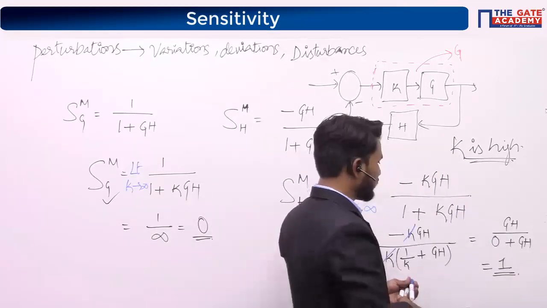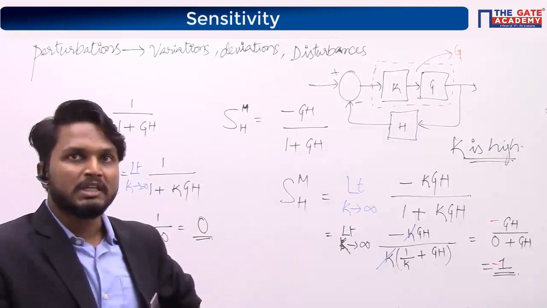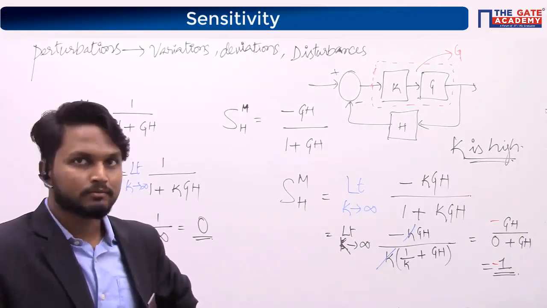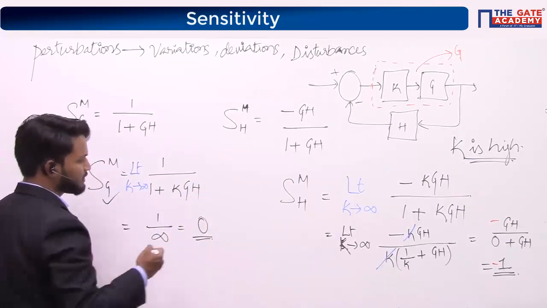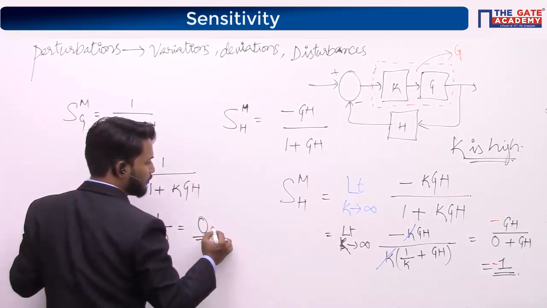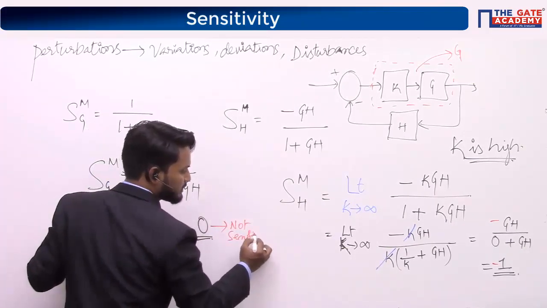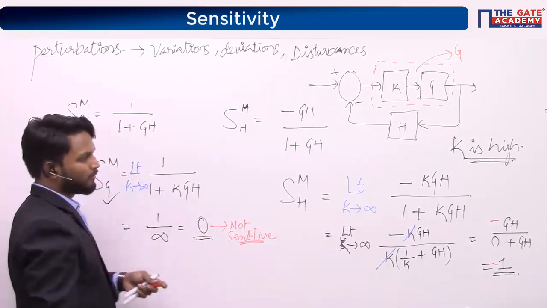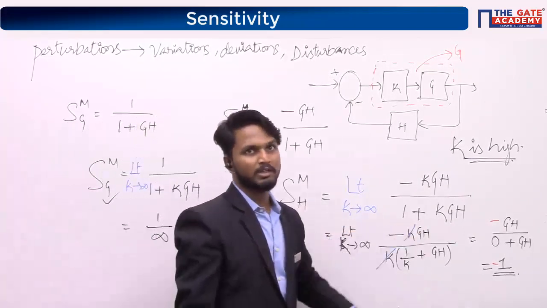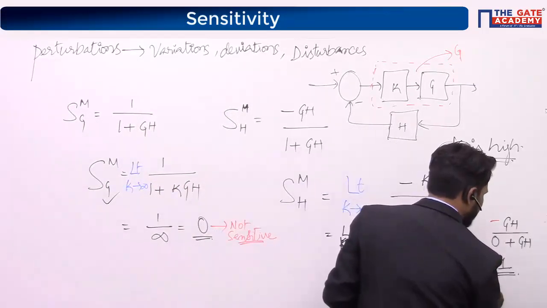Yes, Taiba, it is -1. Thank you for reminding. Option C is the correct answer, because sensitivity to parameter variations in G is 0, which means it is not sensitive, whereas sensitivity to parameter variations in H is -1, which means this is sensitive.